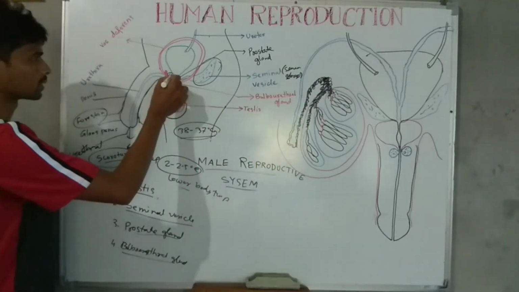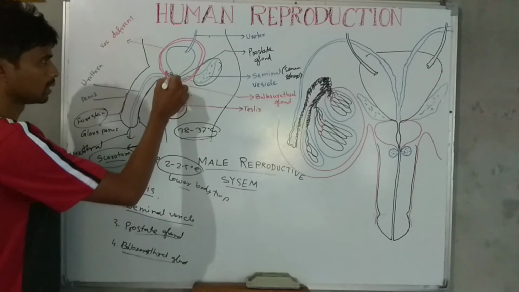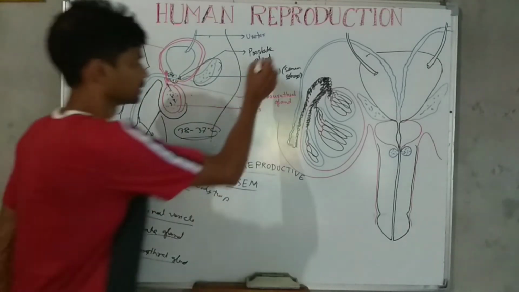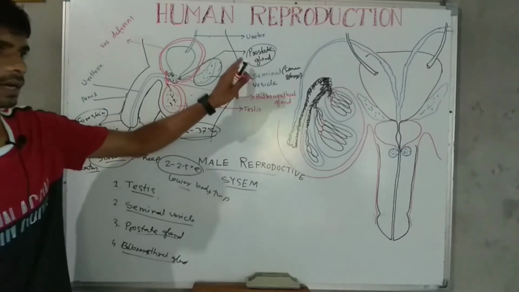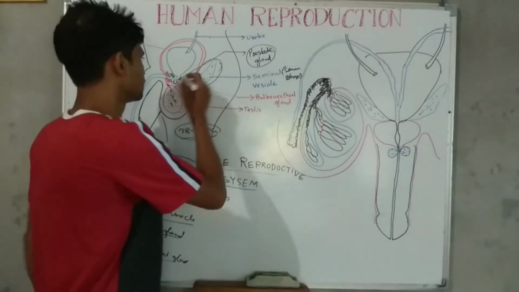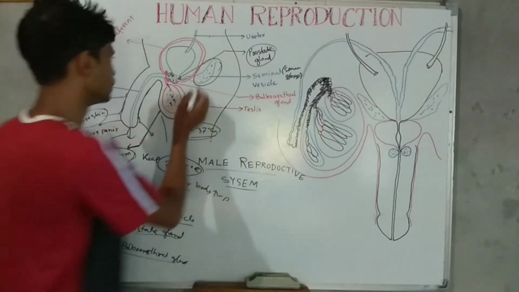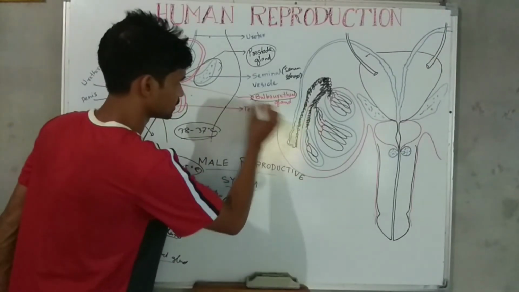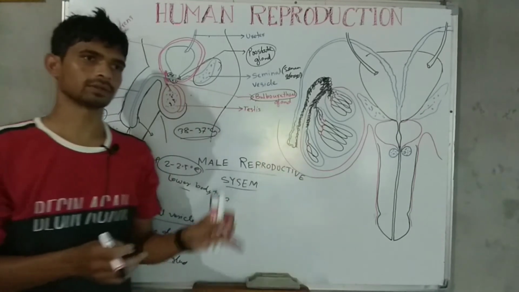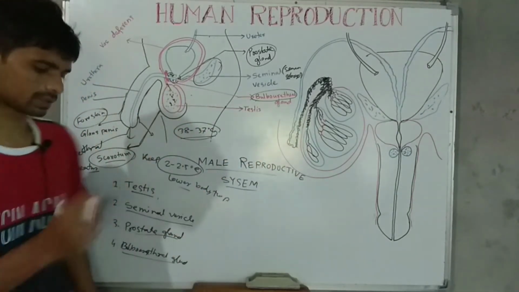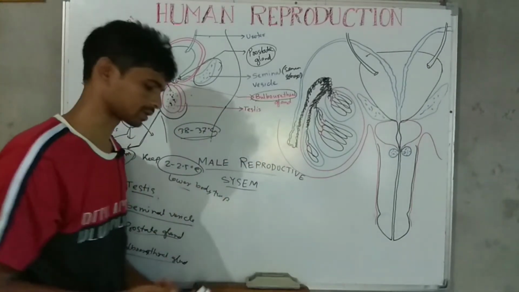Here we have another gland, the prostate gland. It also secretes many kinds of hormones. Then we have the bulbourethral gland. This secretes a mucus-type lubricant which is used at the time of sexual intercourse.